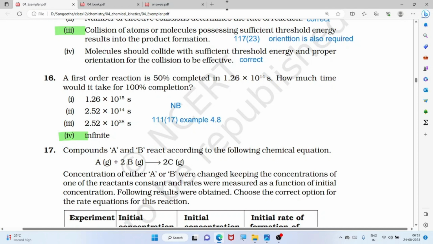First order reaction is 50% complete. This is t half they are given for the first order reaction. So as I already showed you, that is independent of the concentration of the reactant. How much time will it take for 100% completion? See, 50%.